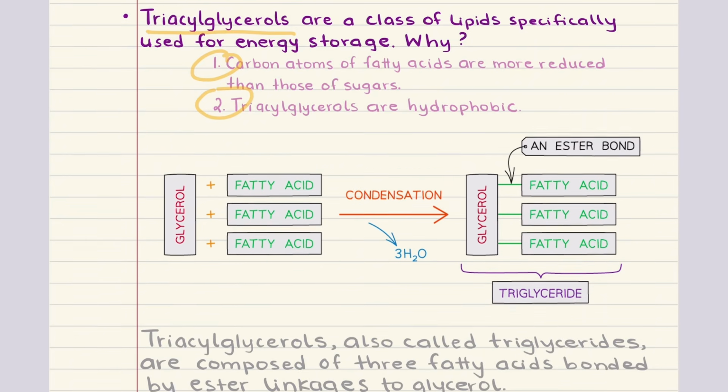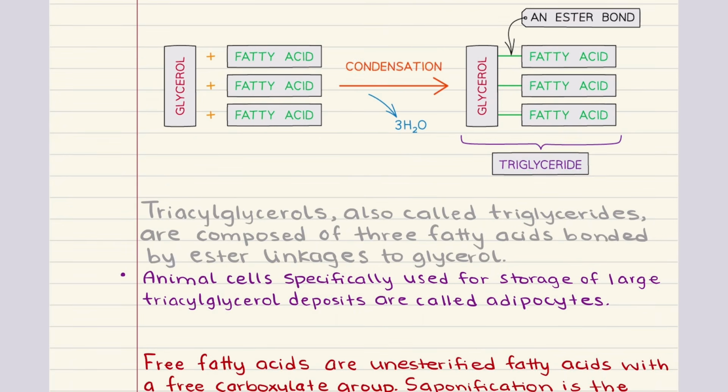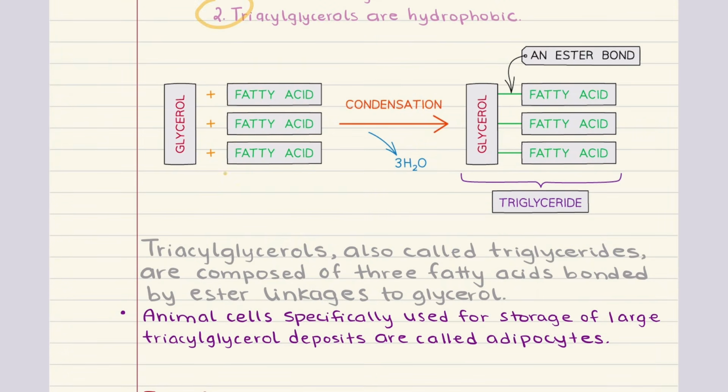Now, structurally, a triacylglycerol molecule consists of 3 fatty acid chains that are each esterified to a glycerol backbone. This is a condensation reaction. So for each ester bond that forms, a molecule of water is released. And you can see that process in the diagram. Glycerol plus 3 fatty acids yields a triglyceride and 3 water molecules, with the linkages shown as ester bonds.